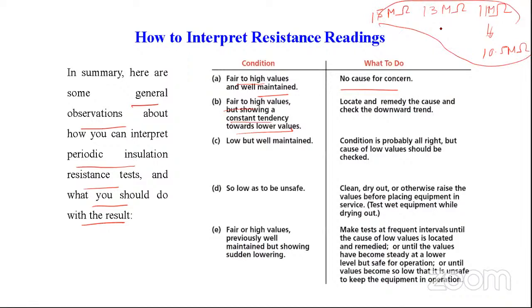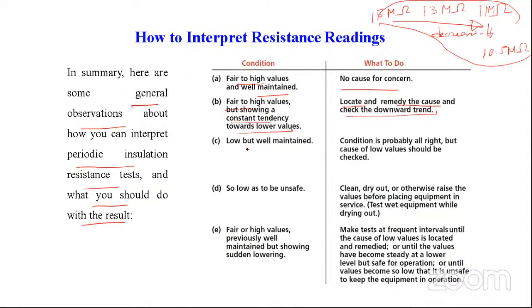Okay, but if you follow these readings, it is gradually decreasing in nature. So in that case, you have to identify the reason behind the decrement of the insulation resistance value. You have to locate and remedy the cause and check the downward trend.